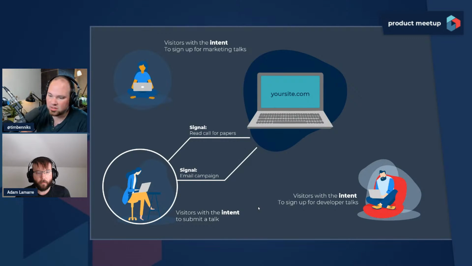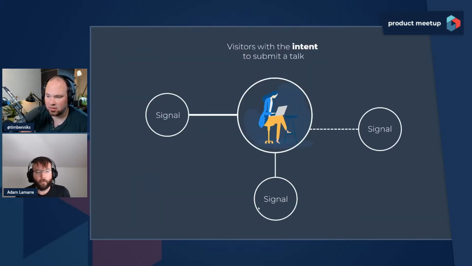If you can see here in the middle, the person who has the intent to submit a talk has a signal that they read the call for papers. They might even have received an email and clicked on a link. These different signals give us the opportunity to rank the user, to make something personalizable for them.